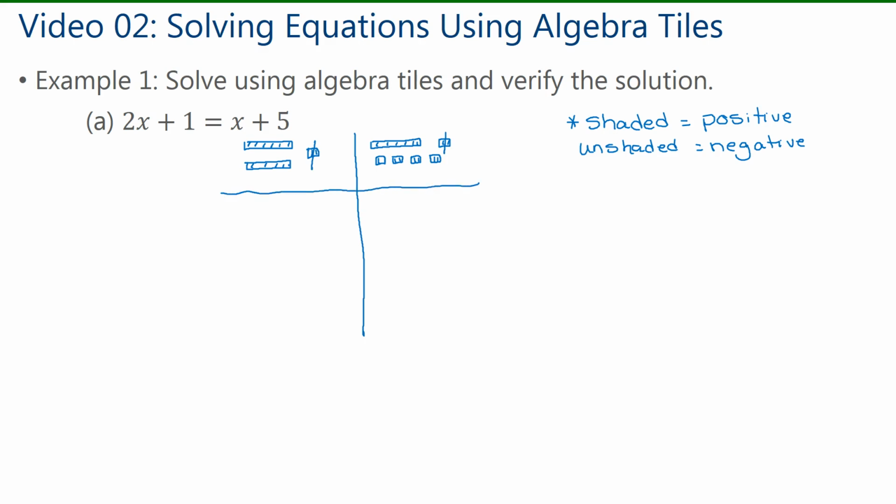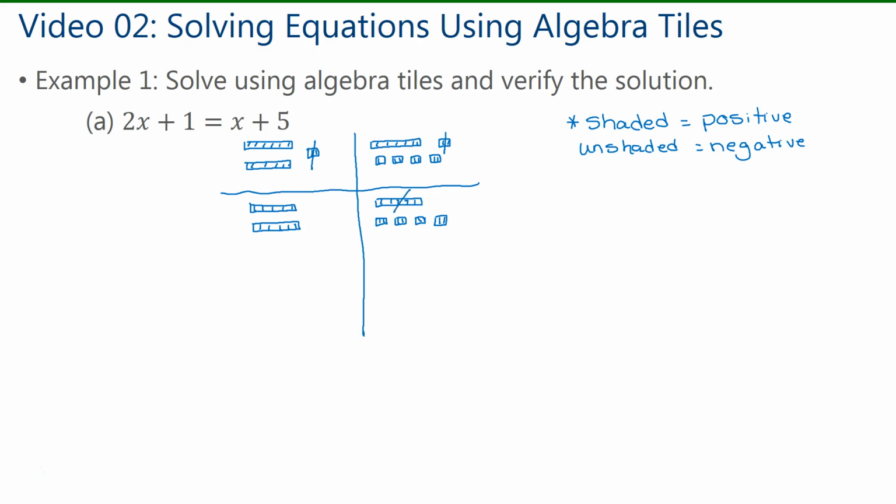So now I'm left with 2 positive x's on the left and a positive x on the right with 4 positive unit tiles. So now I'm going to get rid of this positive x tile on the right.